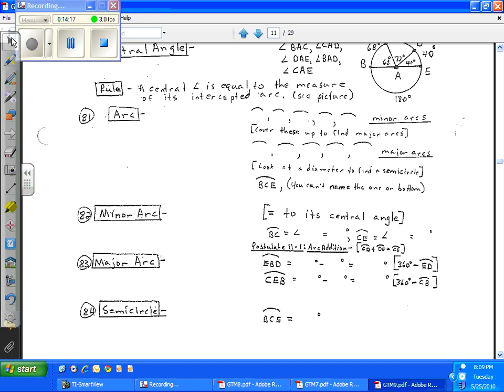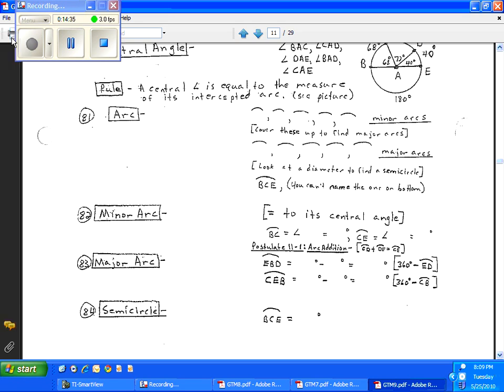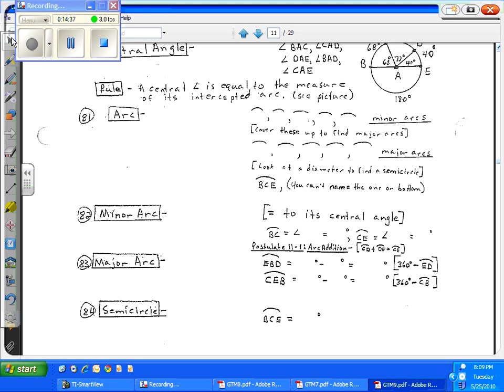No, that's not what it is. A circle is the set of all points in a plane, a given distance from a given point in that plane, and an arc is a part of that. We're making definitions based on things that we know before. An arc is a part of a circle.